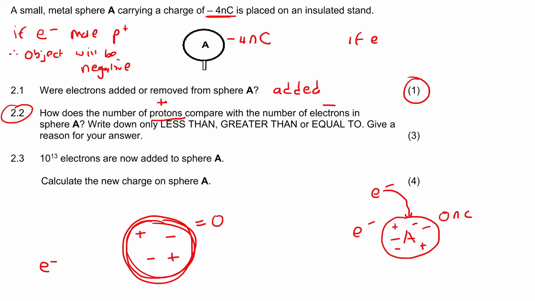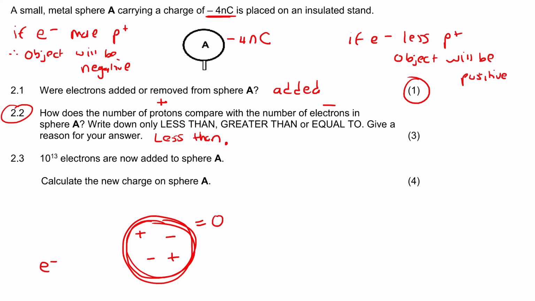And if your electrons are less than your protons, then the object must be positive. So how does the number of protons compare to the number of electrons? The number of protons will be less than.